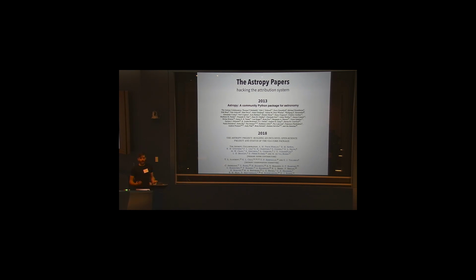This is really a way to hack the attribution system. Publishing a paper about Astropy is not a perfect thing. You wouldn't naively think that's the thing you want to do, because the day after we publish this, a new contributor could add to the code, and then they're not on this paper and they're not getting credit. But we needed to do something, because there were a lot of people who were not getting credit for citations to this initial Astropy paper.